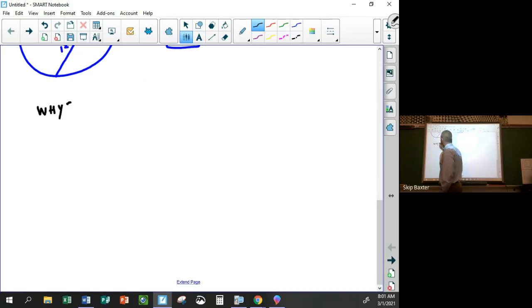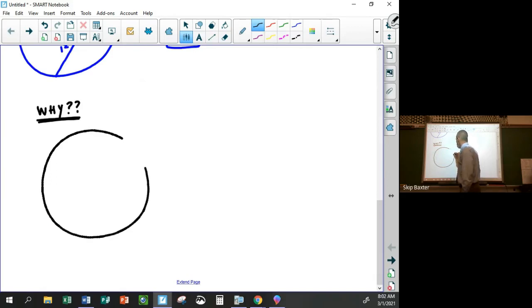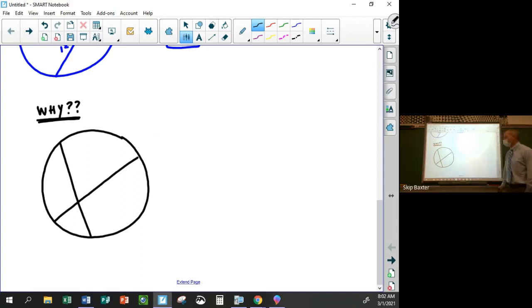Why? So let's draw a picture here. Two chords intersecting inside the circle. And let's label the pieces A, B, C, D. But at the same time, let's also label the points.